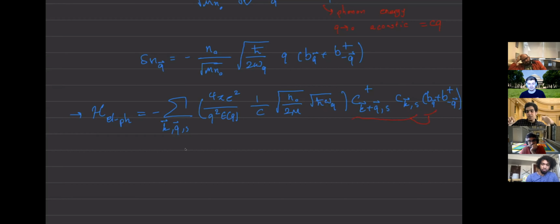So there is an electron and a phonon going to another electron, and in the other term a phonon is created. Therefore, you can now see that q and minus q in the annihilation and creation terms is related to momentum conservation, because the phonon is created or annihilated.